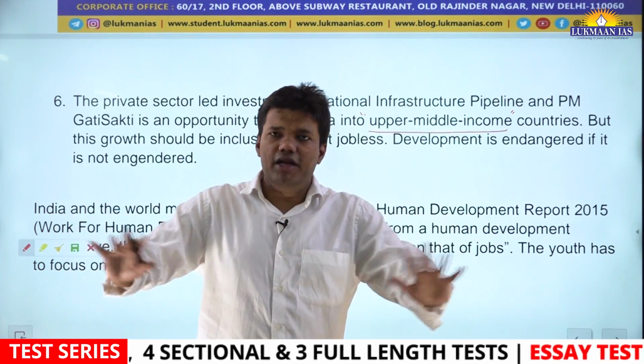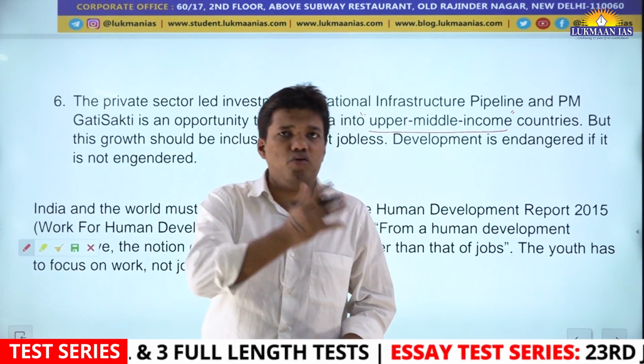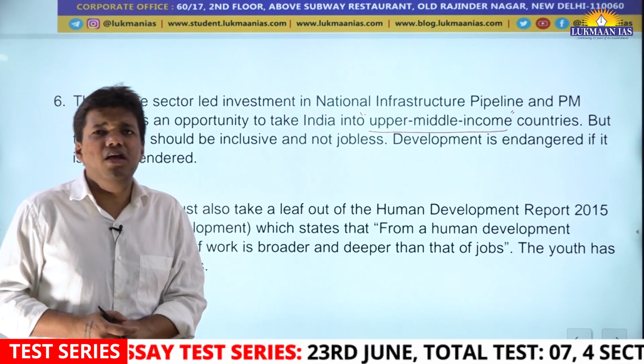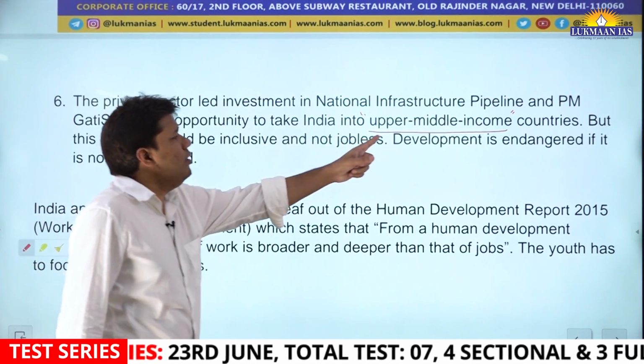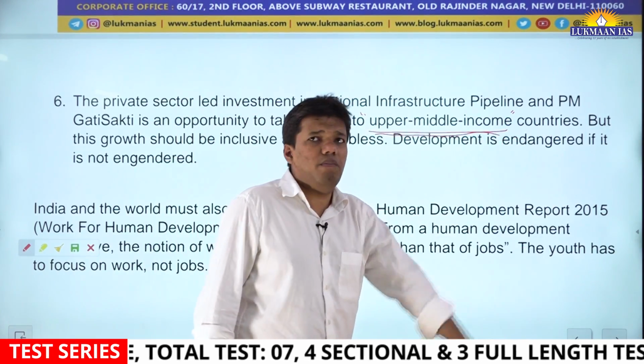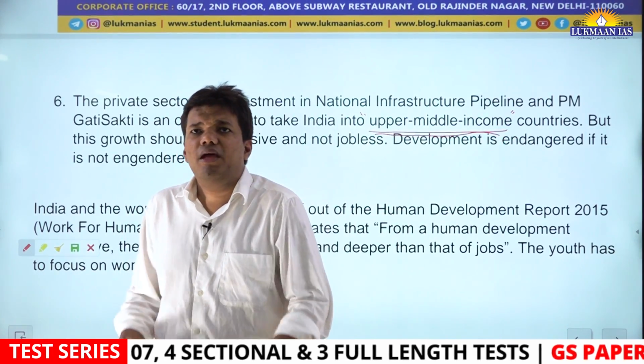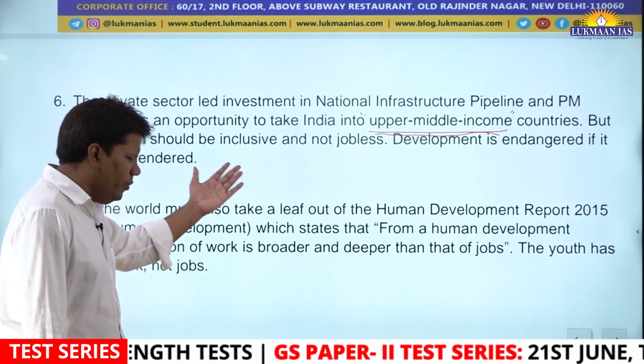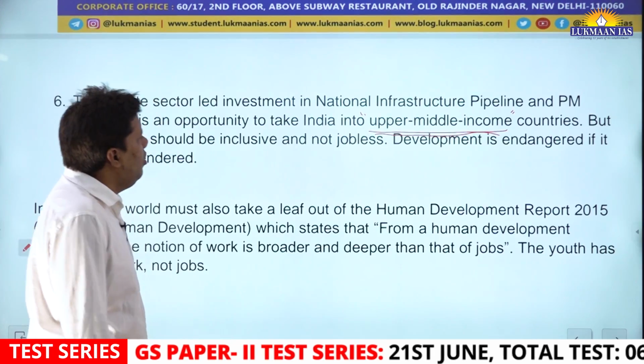Other than arms, they can trade anything to European countries at very low subsidized rates. So tariffs are not so high. But if India moves into the upper middle income group, then India will lose those perks and privileges. If I'm not mistaken, India is still not getting those perks and privileges.